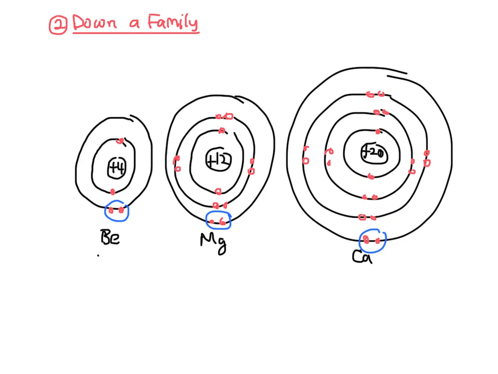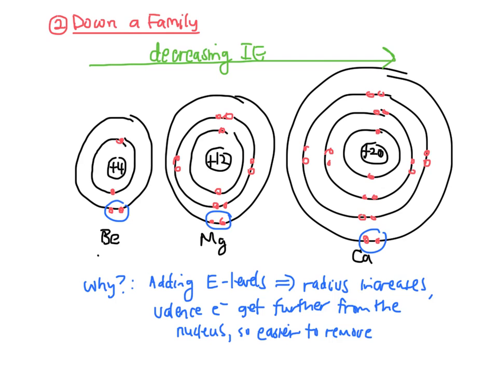And so those electrons are further from the nucleus and it's easier to remove them, so it takes less energy. So as you go down a family, you should see a decrease in ionization energy as you go from top to bottom.